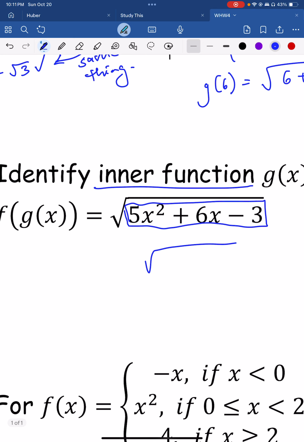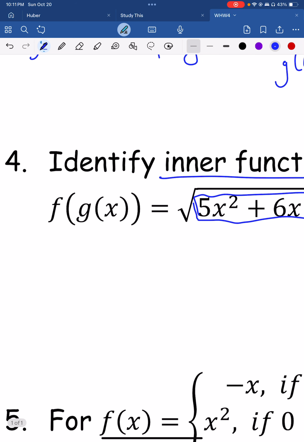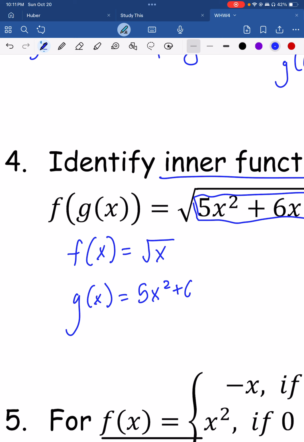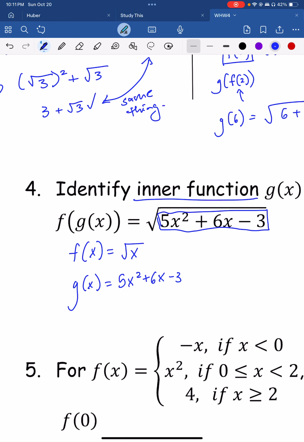So what the question is asking is, what did you plug into the outer function to get this whole function? The easiest way to do this is just think f of x is equal to square root of x. g of x is equal to 5x squared plus 6x minus 3.